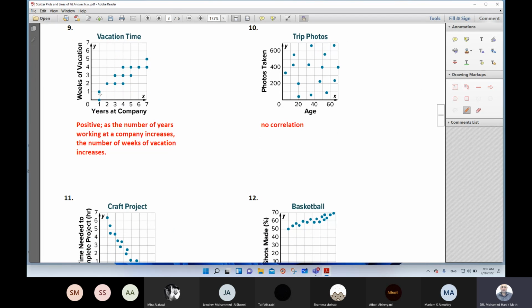As we see here, we have increase in the x-axis and increase in the y-axis. So it means we have positive. As the number of years working at a company increases, the number of weeks of vacation increases. Here, no correlation.